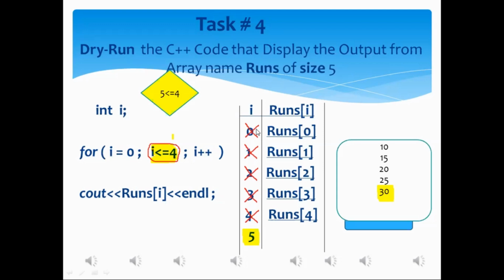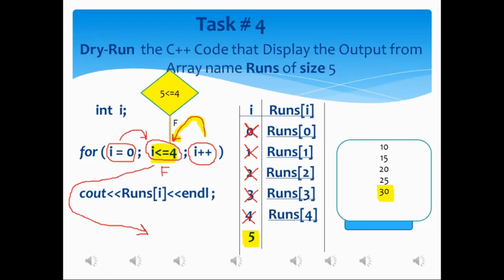Your answer is correct, my dear. When the condition is false within the for loop statement, the control of execution will be shifted out of the for loop, and the for loop associated statement will not be executed. It is so, right, sir? Yes, sir.